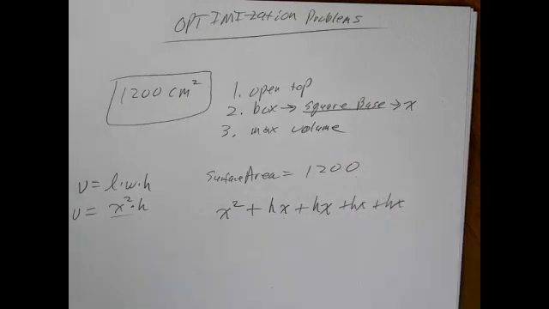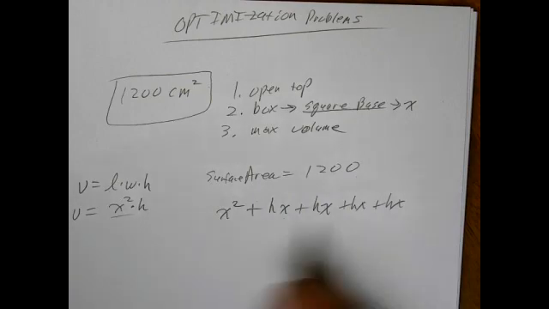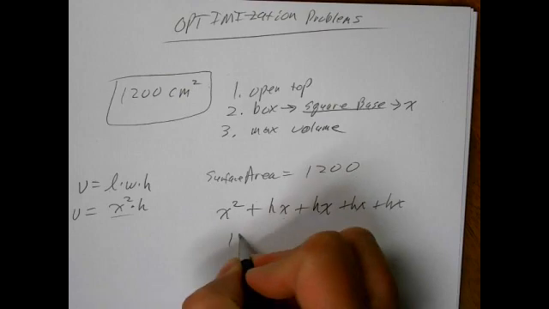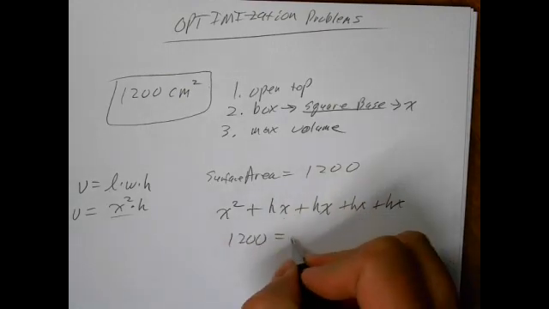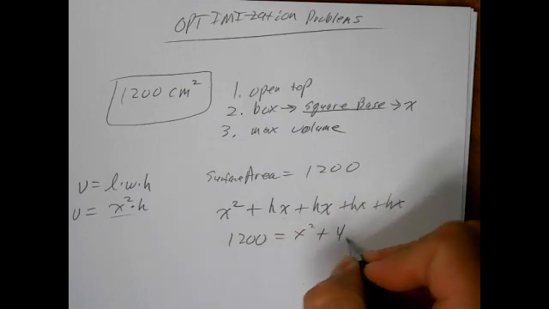I probably could have saved time by saying that since the base is square, all four of the vertical sides are the same. So the surface area of 1200 is equal to x squared plus 4hx.